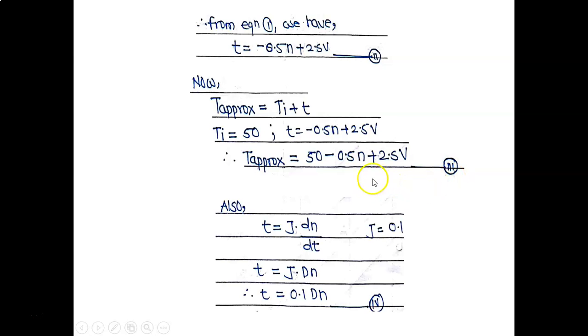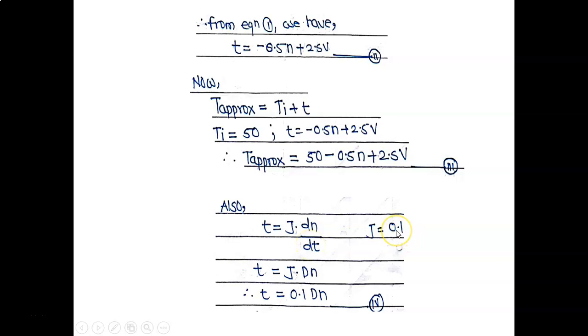Now next, they have given us one equation in the problem itself, that is small t is equal to j into dn by dt, where j is equal to 0.1. Therefore, small t is equal to j into capital D into small n, where capital D is nothing but d divided by dt.